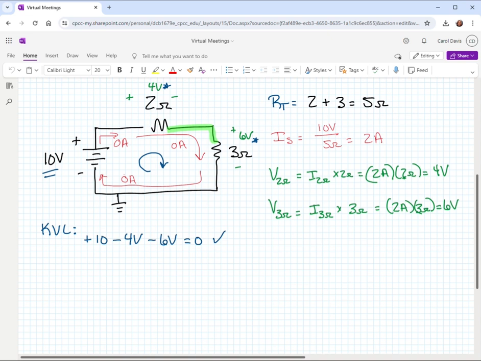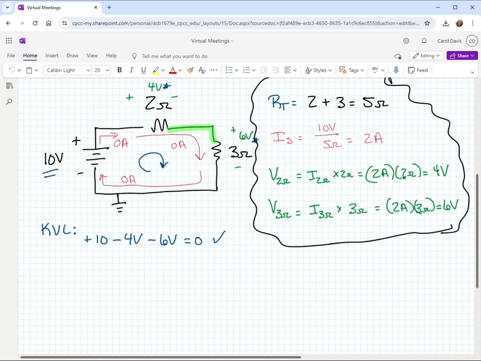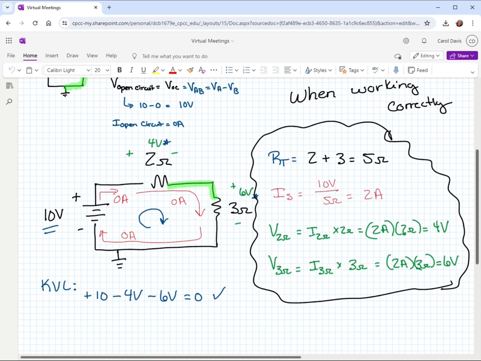This over here is when working correctly. I don't want to delete this on you, but I want you to understand that this is when we do not have an open or short circuit situation.